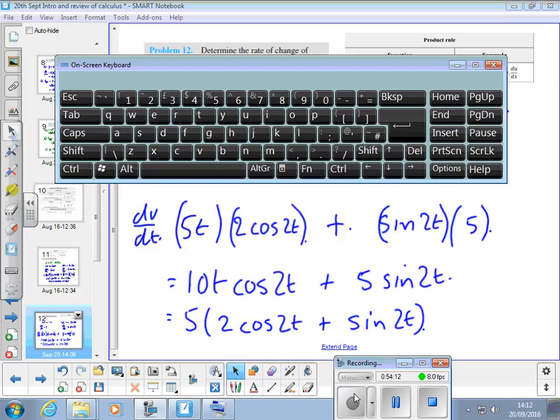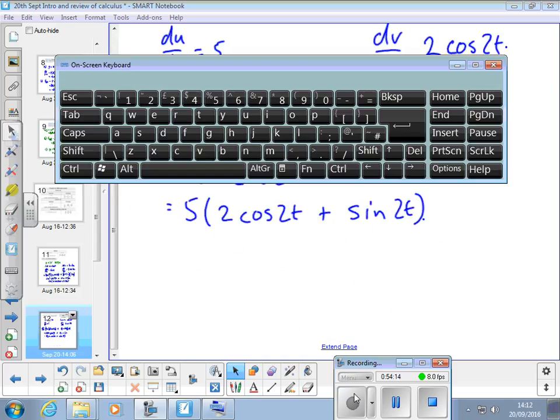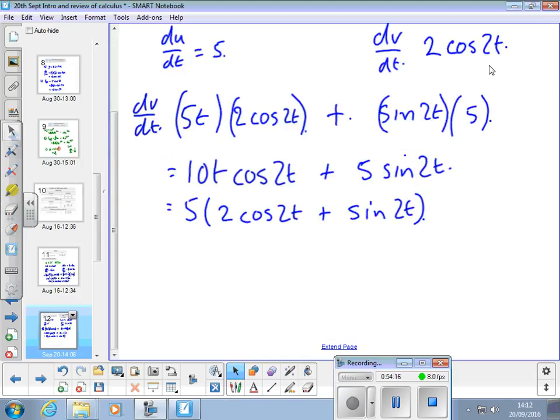Yep. And then this question actually says, does it not, determine the rate of change of voltage, which is going to be dV by dt, isn't it? The rate of change, the slope of that function. So that's why you need to differentiate it, because then you're going to find the rate of change, or slope.